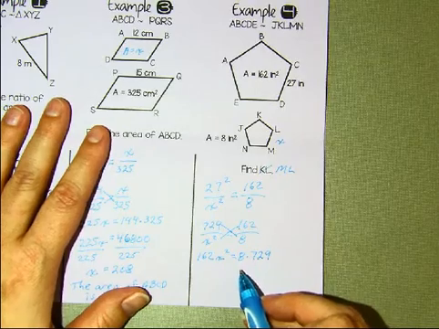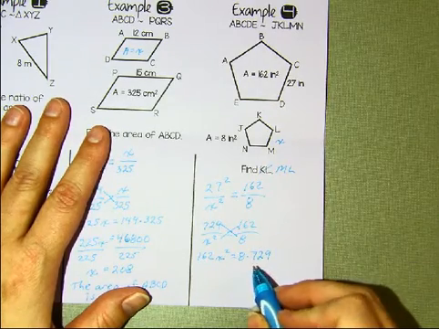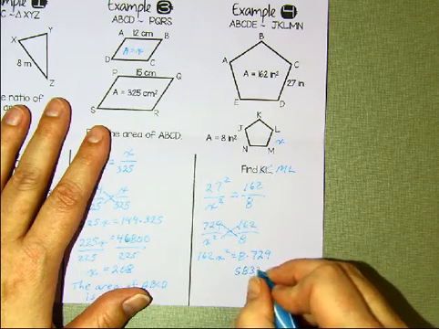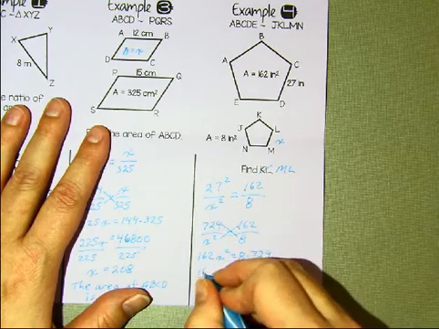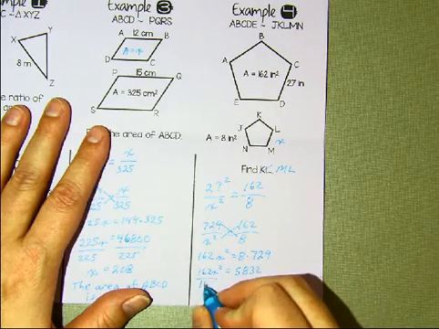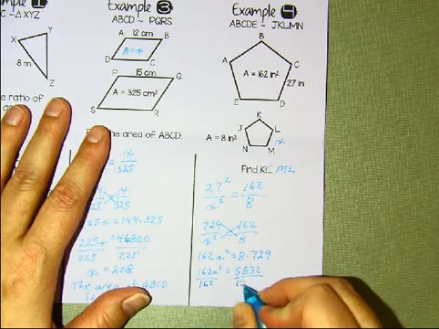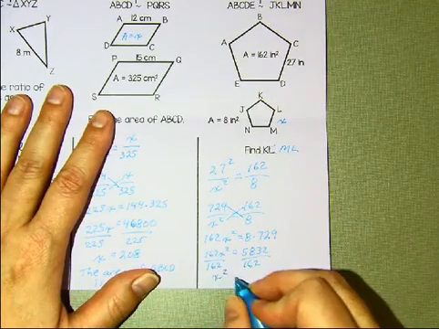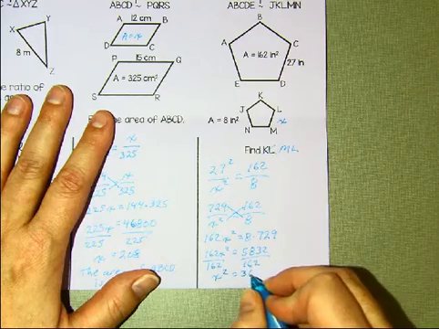Simplifying the right, 8 times 729 is 5,832 equals our 162x squared. Divide by the 162. We end up with x squared equals 36.